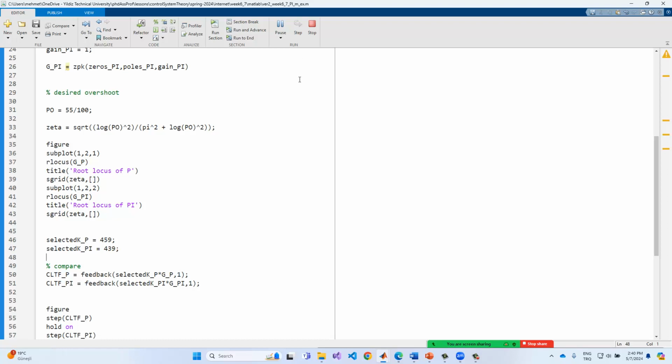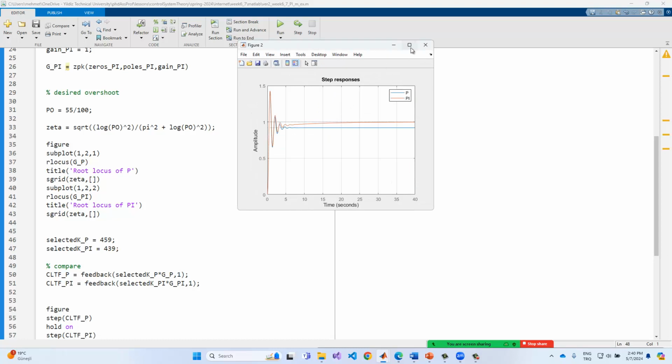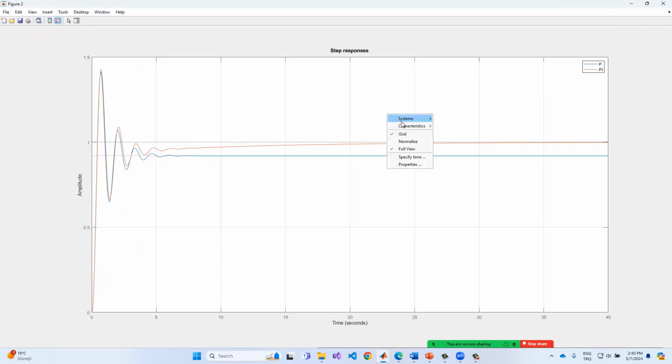And so if I rerun this code, then see, if the system is changed, the characteristics are the same if we are using the proportional integral controller.